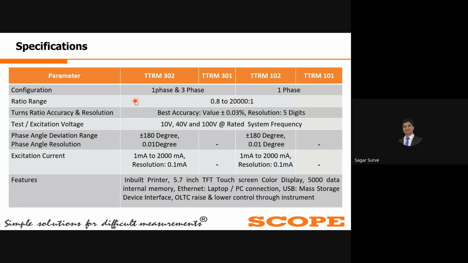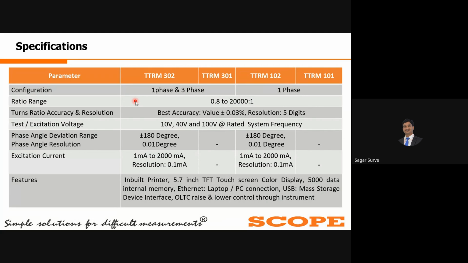And all four instruments have a ratio range up to 20,000. Right from lower ratios to higher ratios up to 20,000, they can measure with a better accuracy of 0.03%. Test voltages are offered at 10 volt, 40 volt, and 100 volt, at the rated frequency.